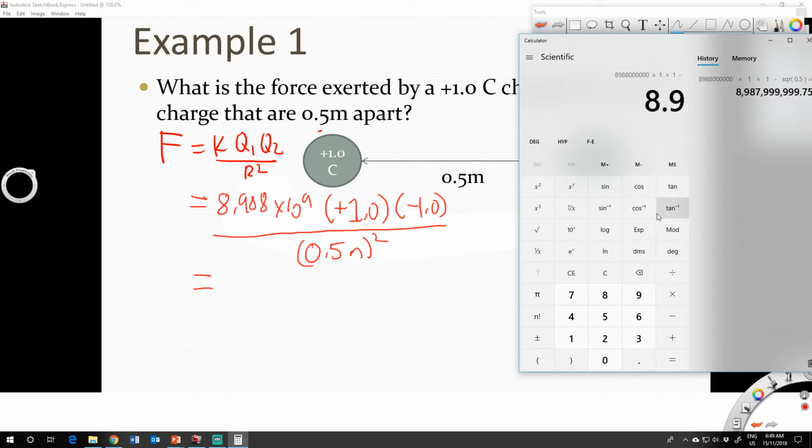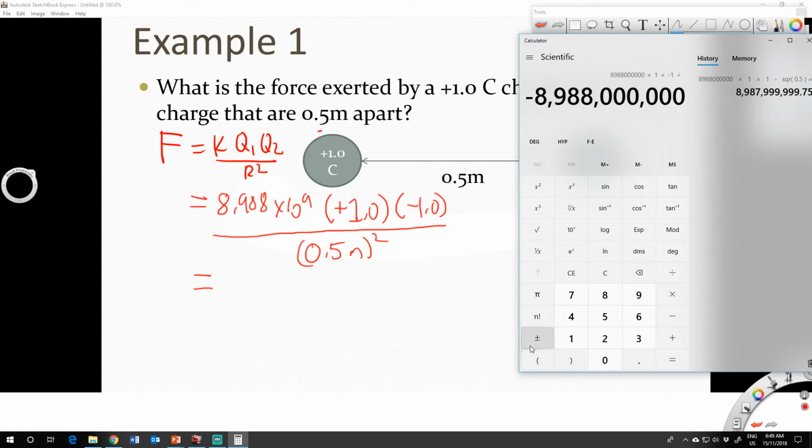So 8.9. Whoops. Okay. Does that mathematically work out? No, I'll just enter everything again. So 8.988 times 10 to the 9 times 1 times negative 1. Oops, 1 negative.